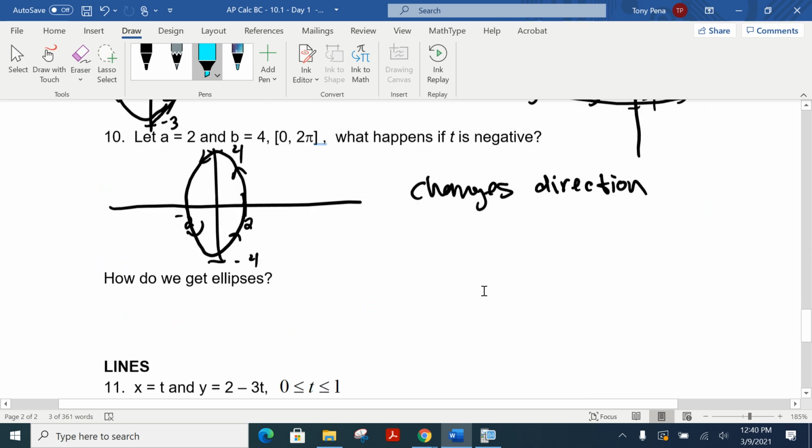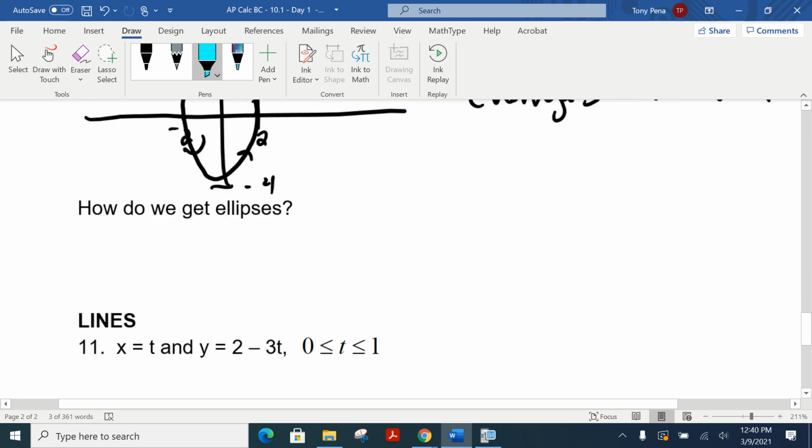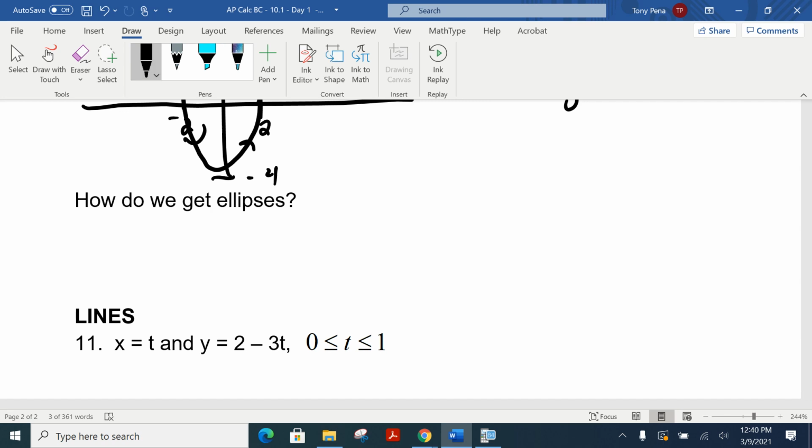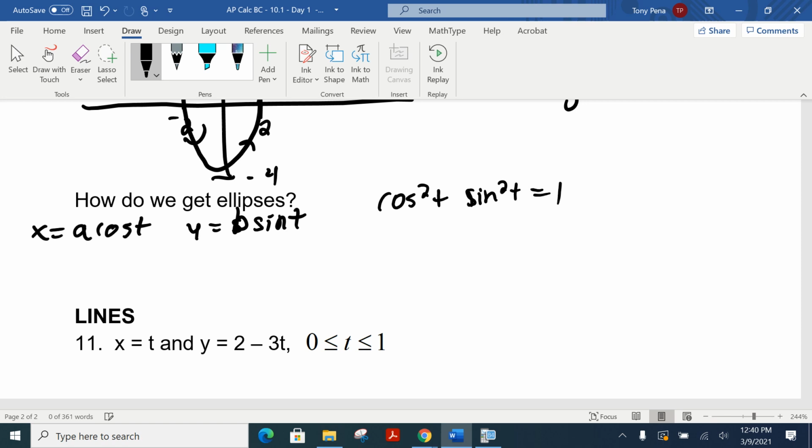All right, so then next question, how do we get an ellipse out of these? So why are these producing ellipses all the time? So take the original problem. I have x equals a cosine of t, and then y is equal to b sine of t. Same exact identity. So let's say cosine squared of t plus the sine squared of t is going to equal 1.